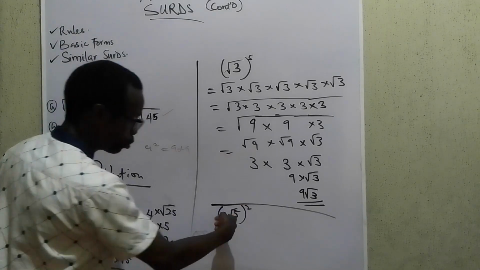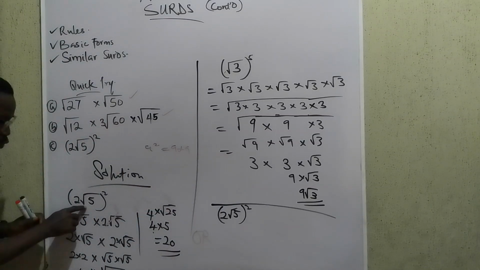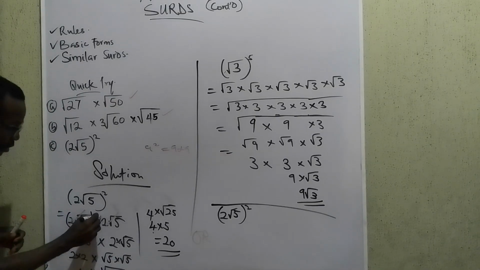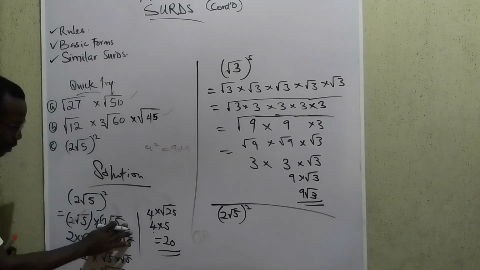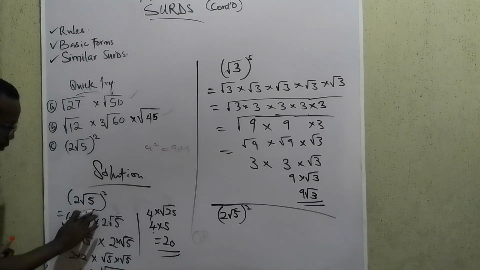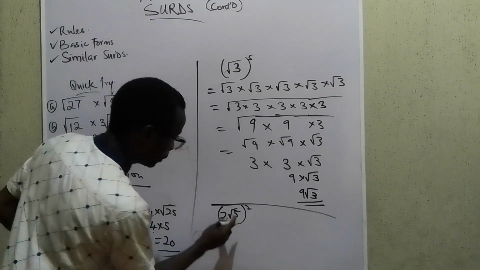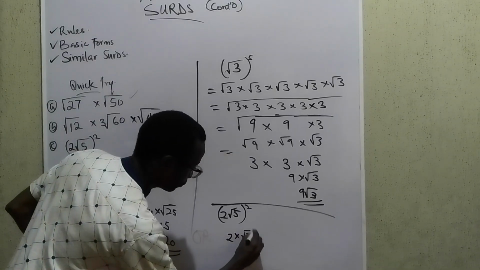Instead of splitting it into 2 root 5 times 2 root 5, I can just do it this way. This is the same thing as saying 2 times root 5.